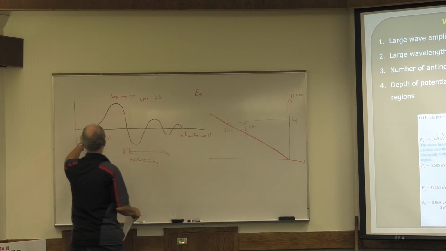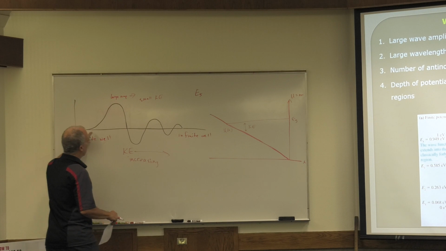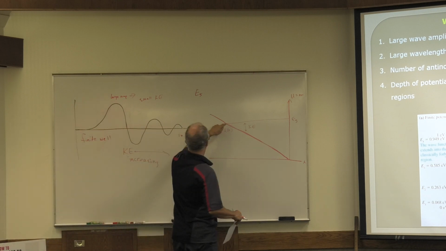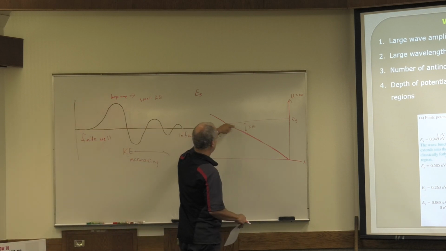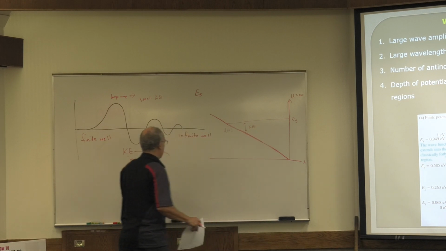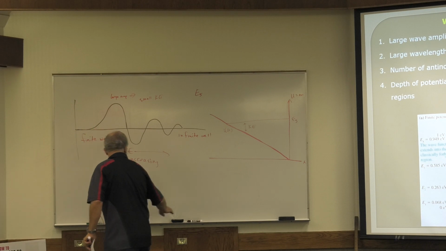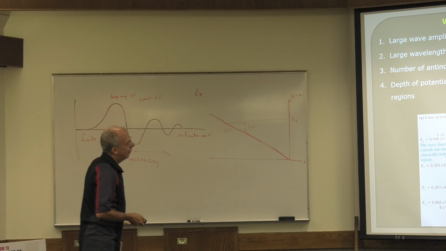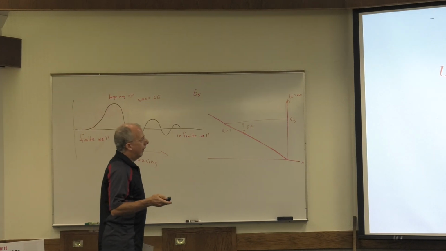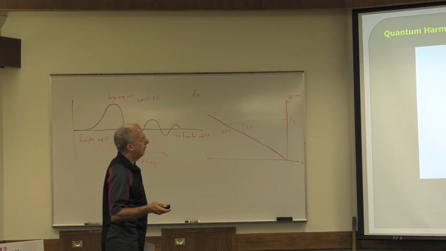So we're going to have this type of wave function. Kinetic energy starts out really, really small, gets bigger, bigger, bigger, which is what we have. Okay, so there you go.